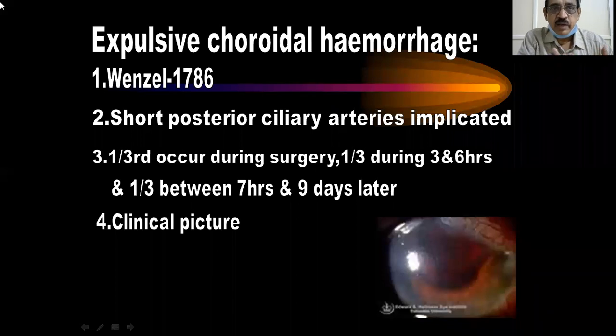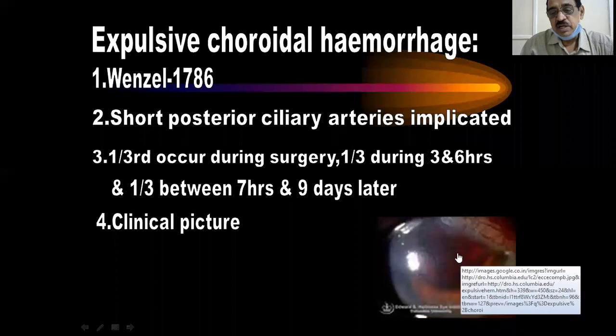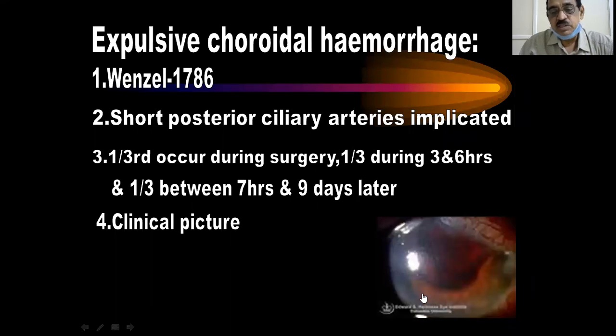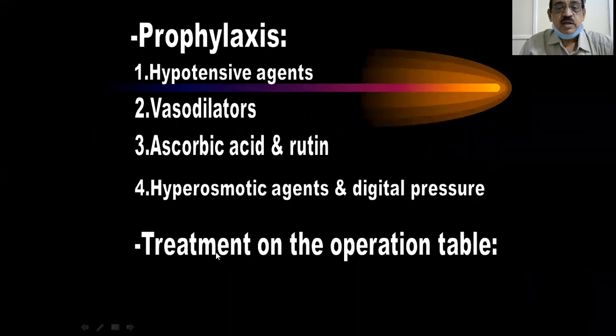Initially the aqueous, vitreous, and lens, and finally a gush of blood. And when you look at the eye after an expulsive ciliochoroidal hemorrhage, it looks like this picture. Okay.